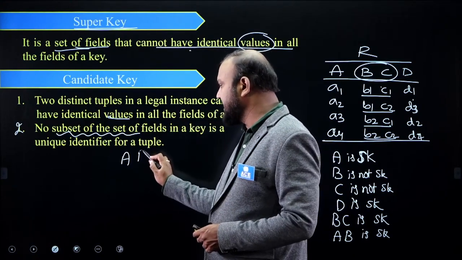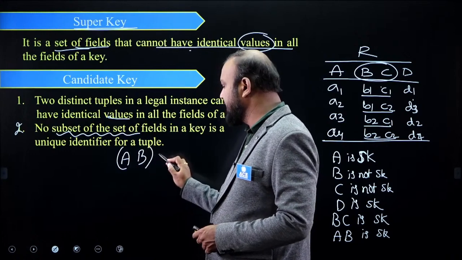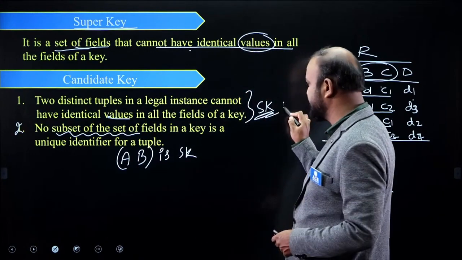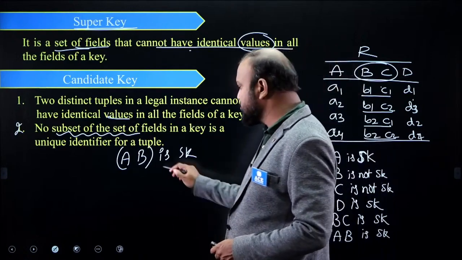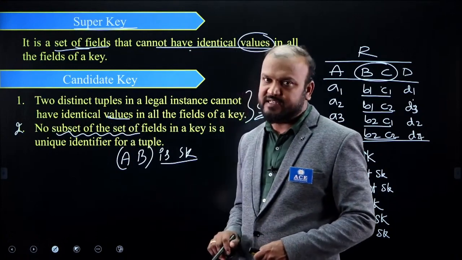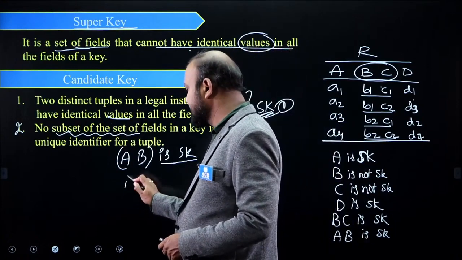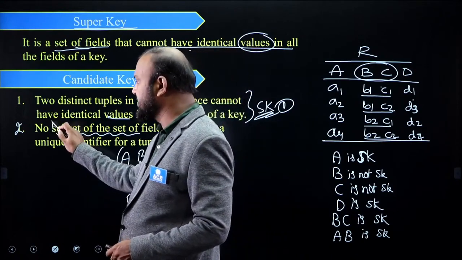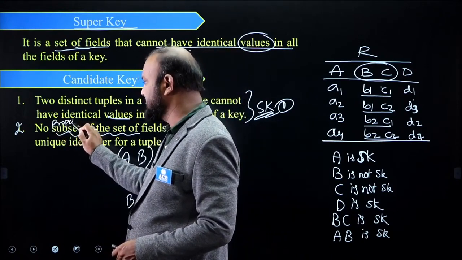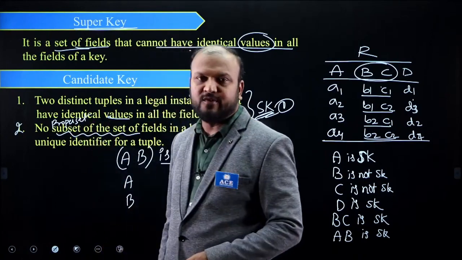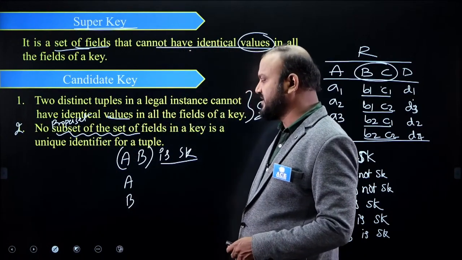Suppose I am taking AB, and assuming AB is a super key, so the first condition is satisfied. What is the second condition? No subset of the set of fields. What are the subsets of the set of fields? A and B. Instead of just saying subset, we can call it proper subset. Why? Because any set is a subset of itself, so to avoid that confusion I use the term proper subset.